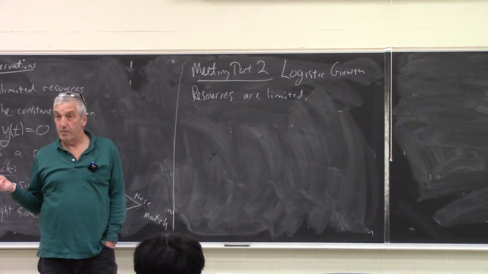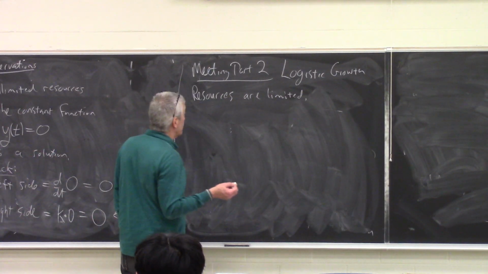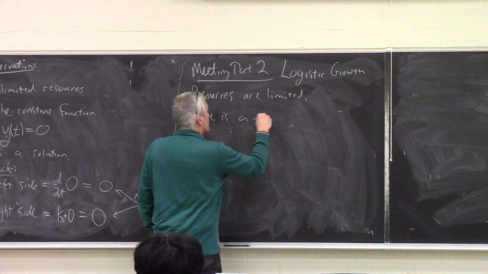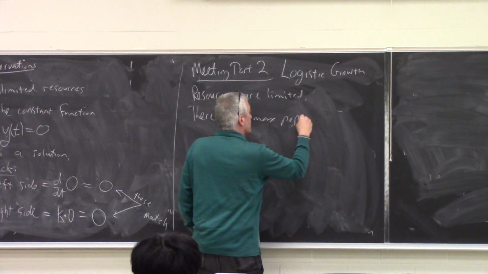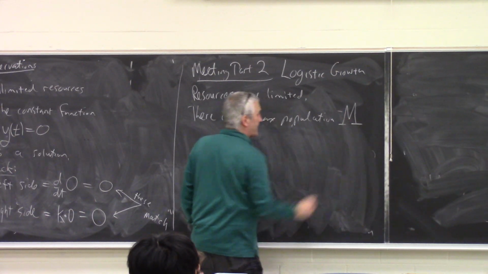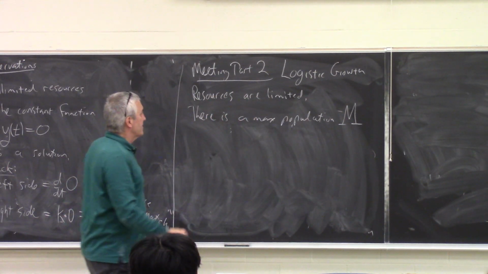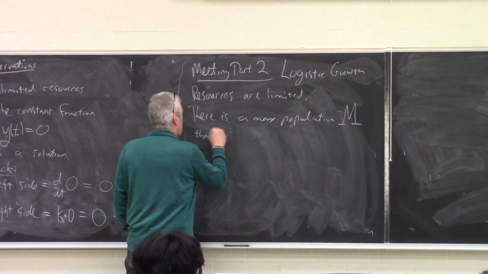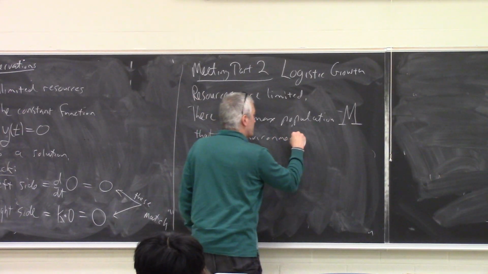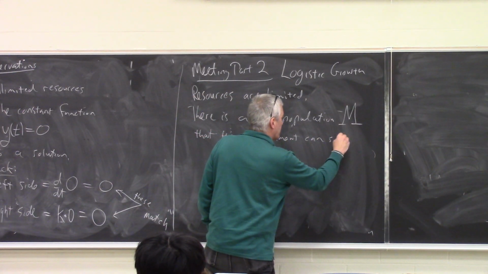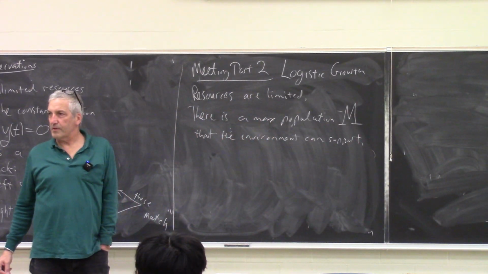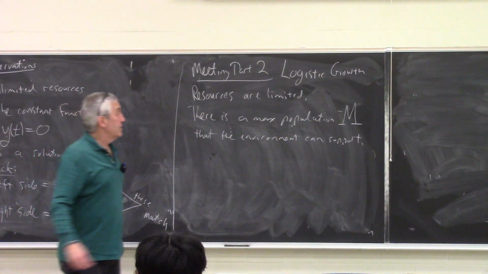So there's a maximum population, which we're going to abbreviate with the letter M, that the environment can support. And this maximum population is called the carrying capacity.